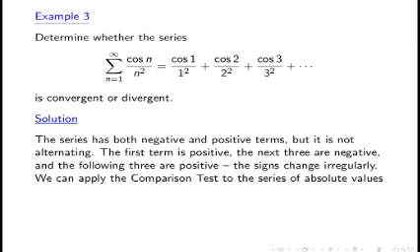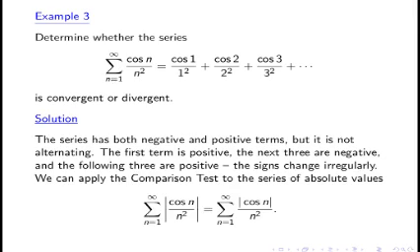We can apply the comparison test to the series of absolute values. We can say, well, the sum from 1 to infinity of the absolute value of cosine n divided by n squared.